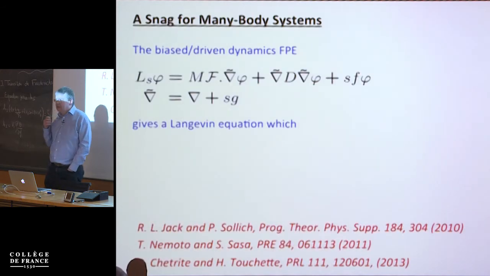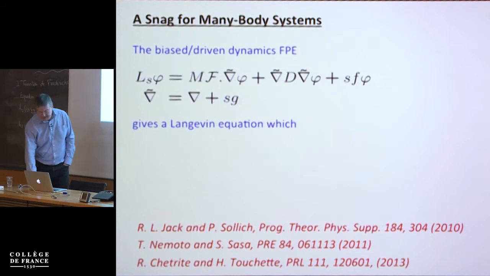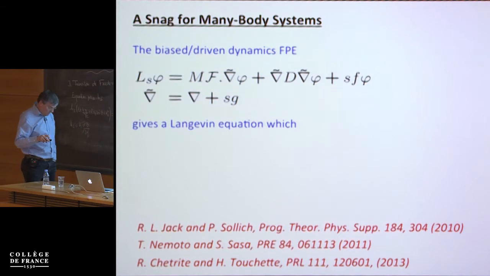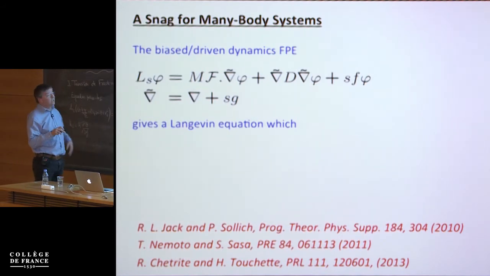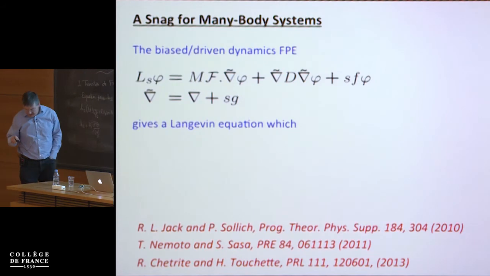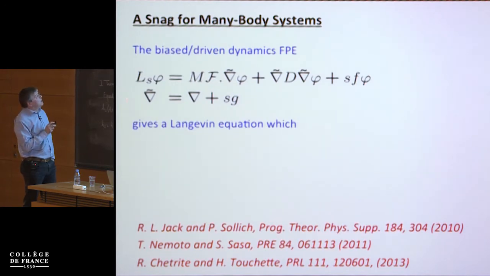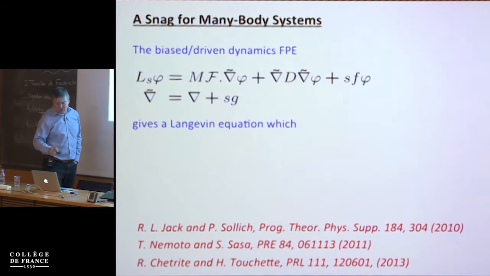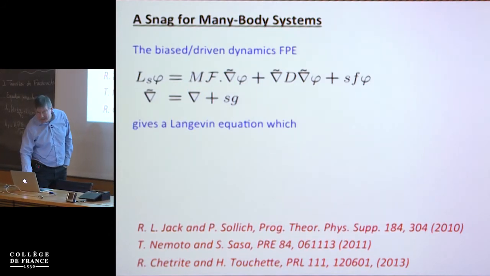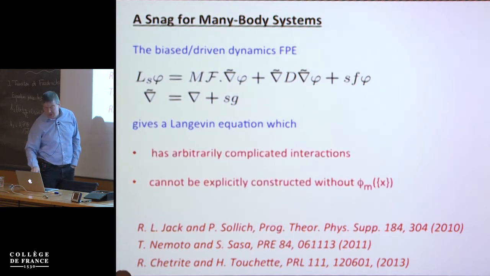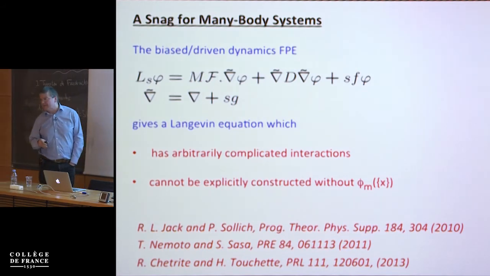So there's no free lunch, and here's the snag. The snag will be particularly relevant to us in the context of trying to think of interactions and processes that we can design into a system to achieve particular outcomes in the context of active colloids. So that's the Fokker-Planck equation in this abstract sense, which we can write down in principle for any long list of interacting variables, any many-body system. I can then look at the Langevin equation, but it's arbitrarily complicated in general.